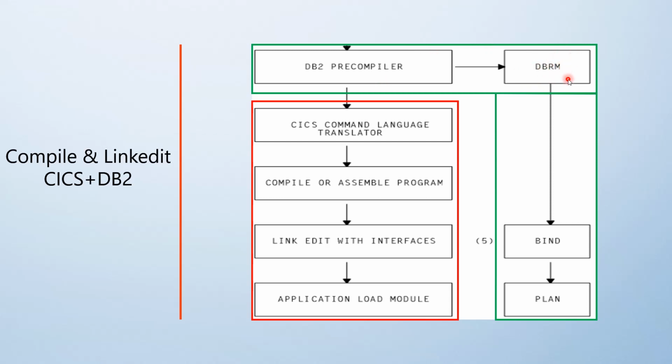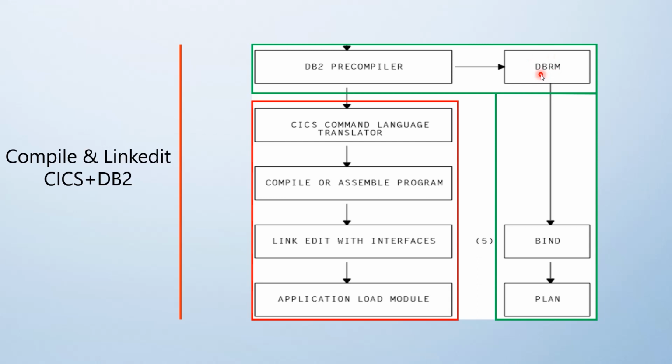Once you have commented out the SQL statements, the rest is again a normal COBOL CICS program. So these steps follow, and finally you end up getting a load module. But the SQL statements which are commented out sit in this DBRM library.